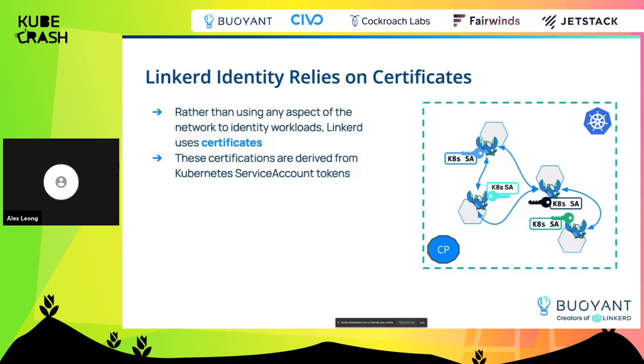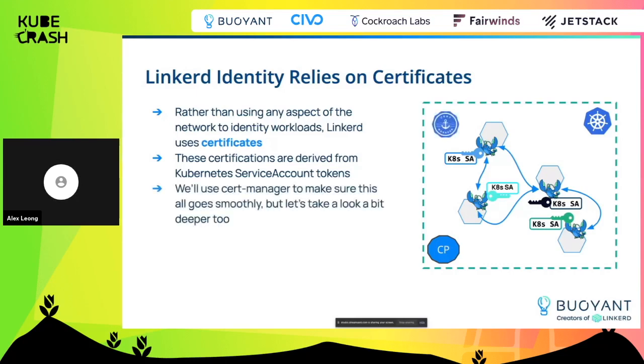And the control plane says, okay, I can verify you are who you say you are because of your token. Now here's a certificate that you can use. That certificate will have a name in it, which is derived from the service account name. And we can use cert-manager to make all of this certificate management a little bit nicer, but we'll talk more about that in a minute.